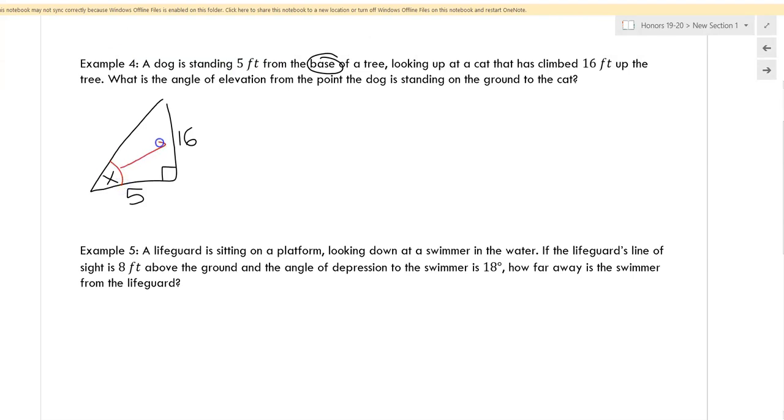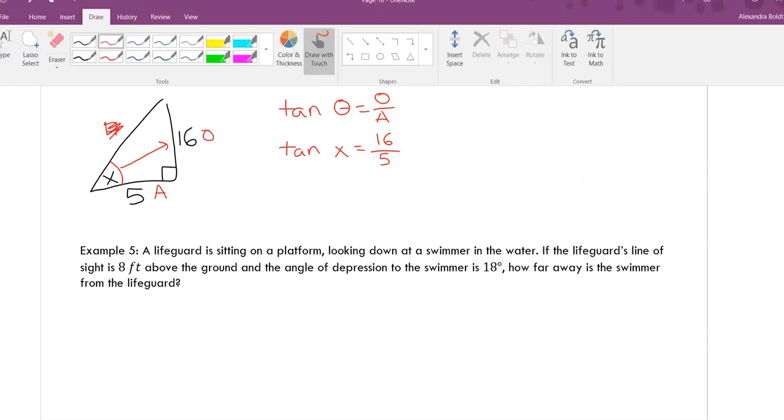Here's my opposite side, my adjacent side, and the hypotenuse. Hypotenuse is unimportant, meaning we're going to look at tangent. So the tangent of theta equals O over A. So we'll do the tangent of X equals 16 over 5. And now we're going to do the inverse tangent, right?